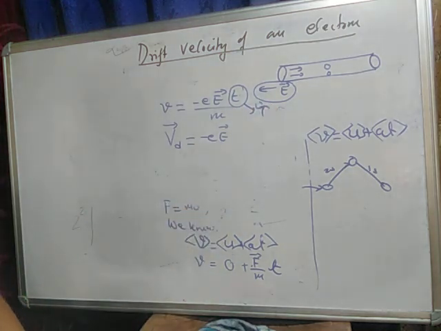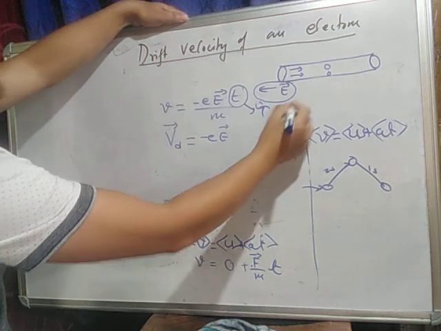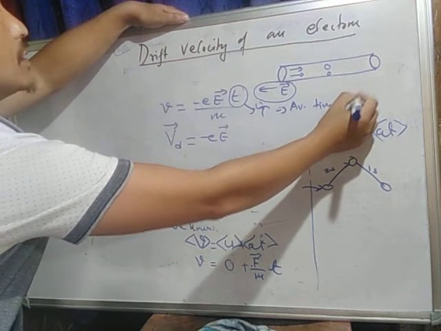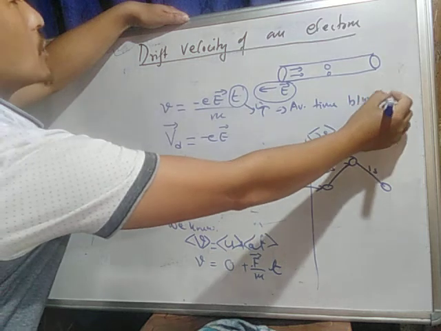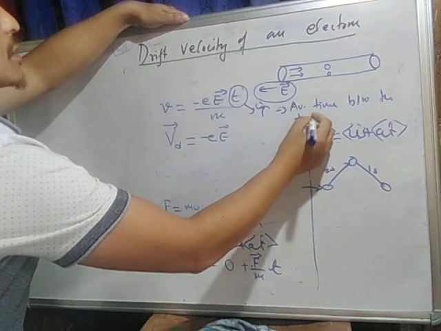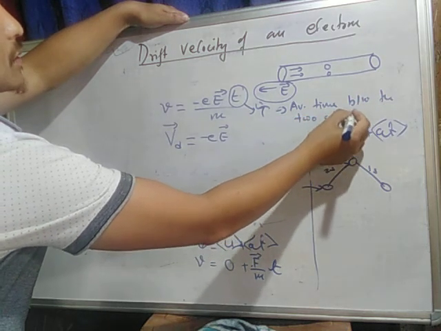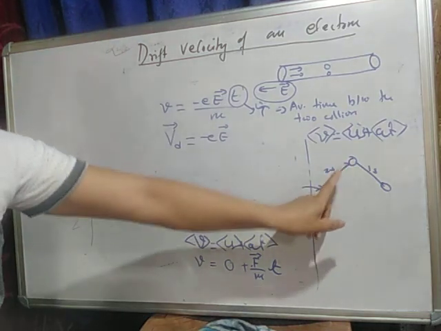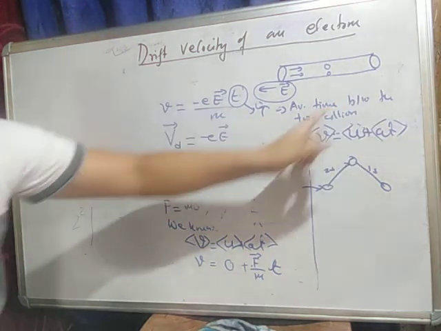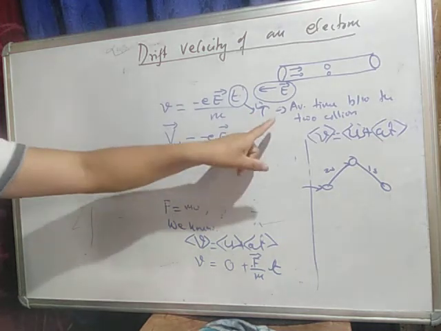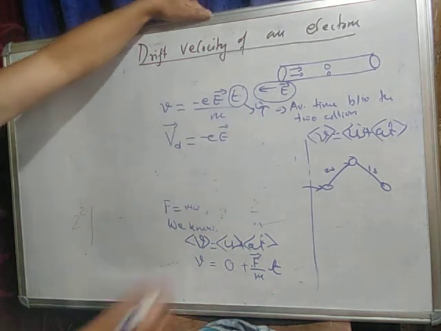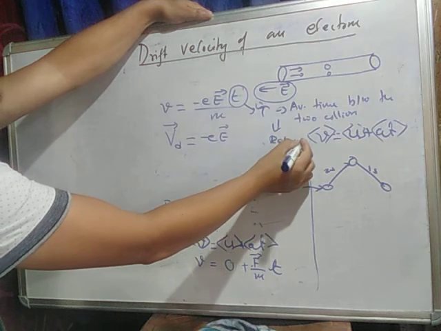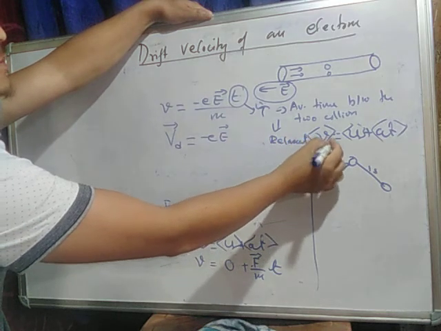Tau is the average time between the two collisions. Between two collisions, tau is the time of collision, and this is also called relaxation time. Relaxation time.